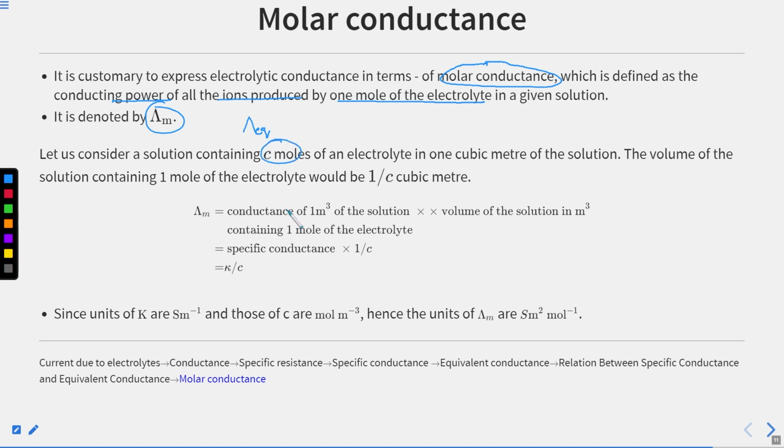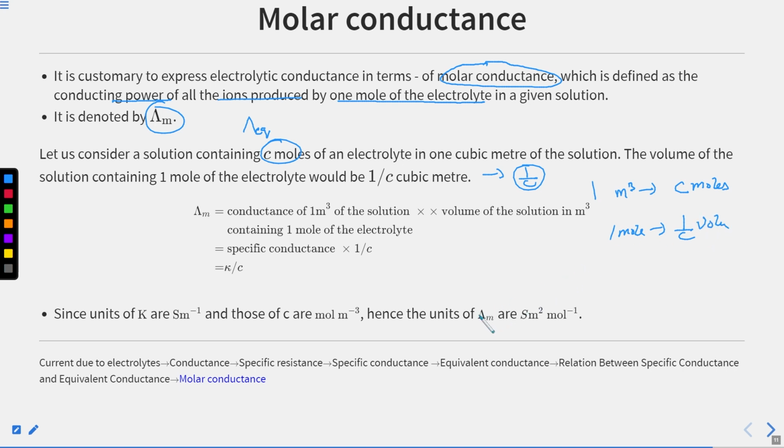Clear? So the volume containing 1 mole of that electrolyte will be 1 by C. Since 1 meter cube contains C moles of electrolyte, 1 mole will be contained in 1 by C volume.